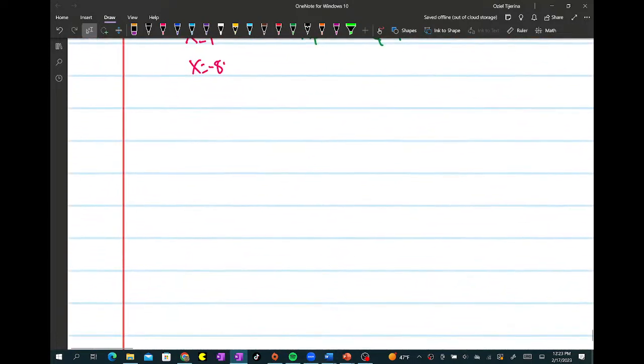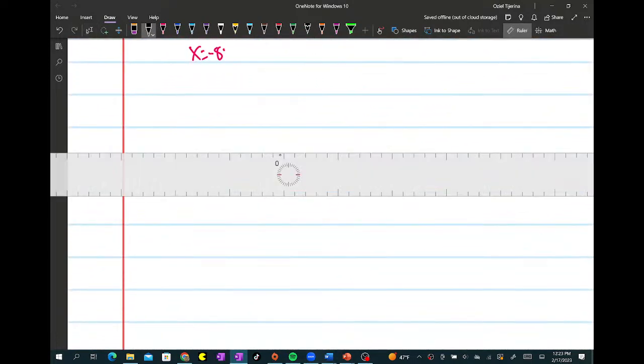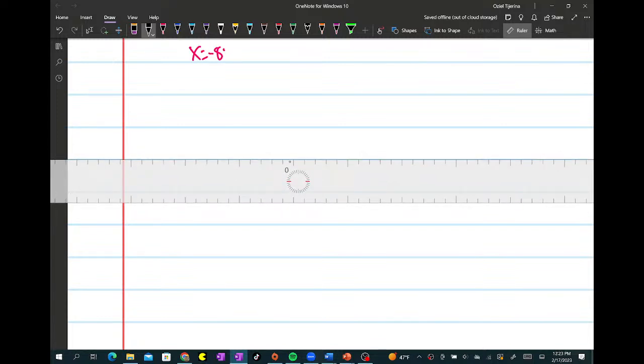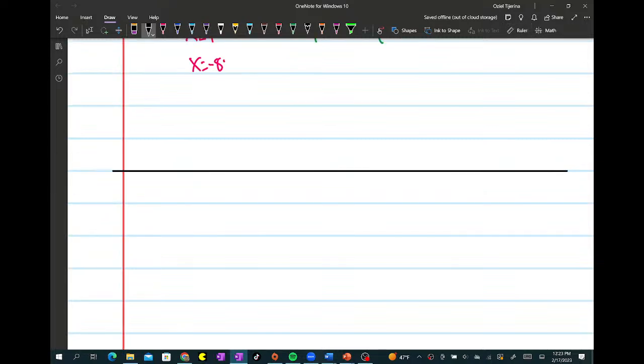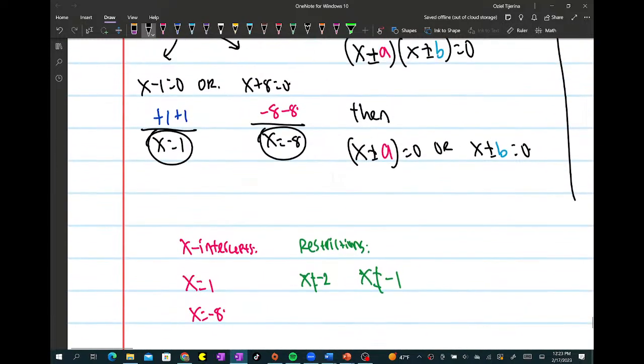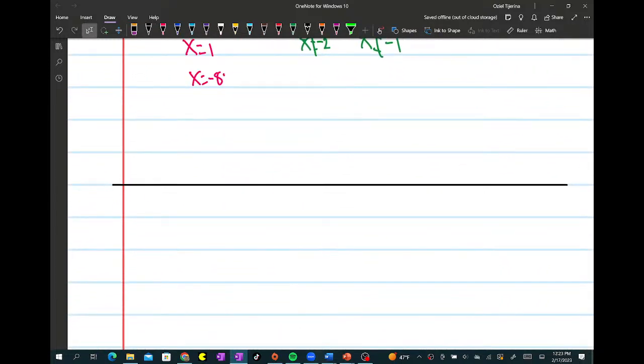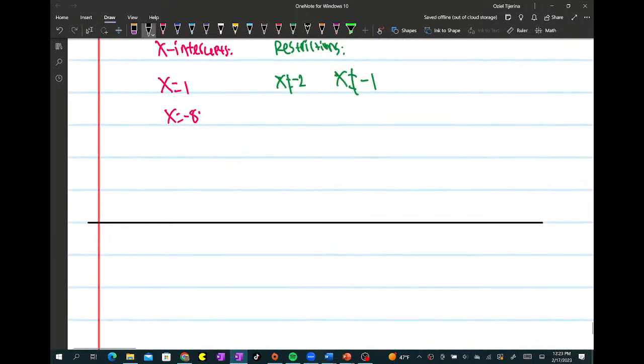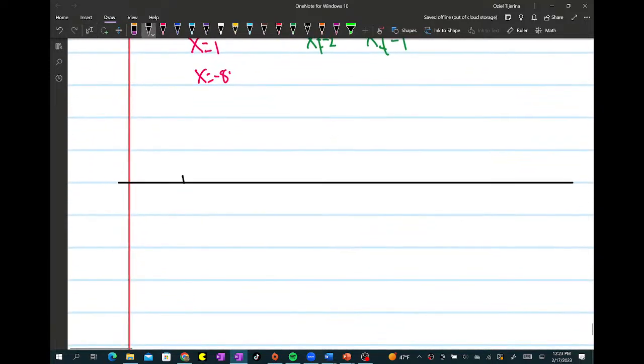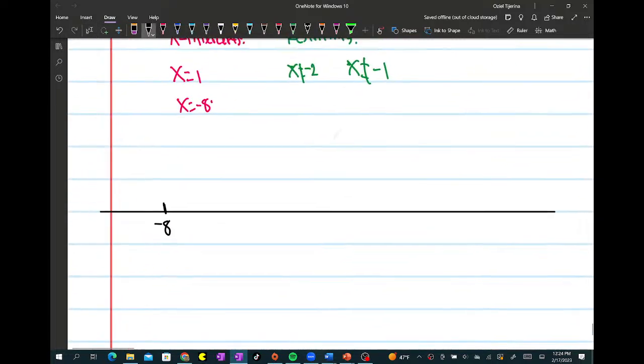And now we're going to draw our number line. So the x-intercepts are 1 and negative 8. Let's go from least to greatest. Negative 8 is the lowest. So here's negative 8.